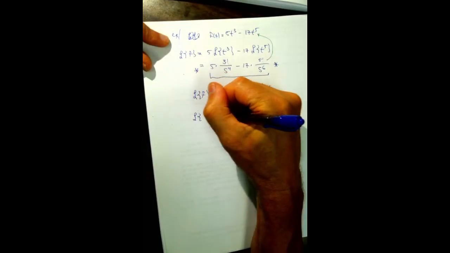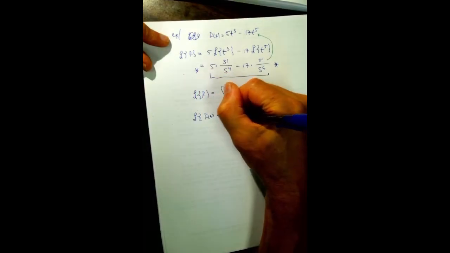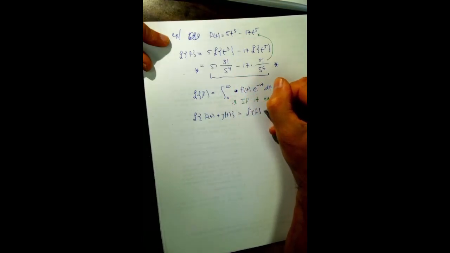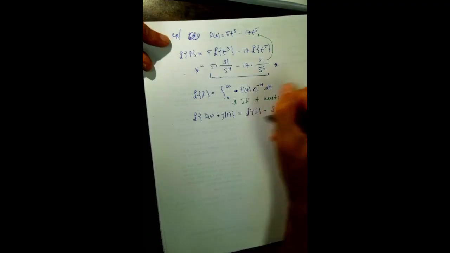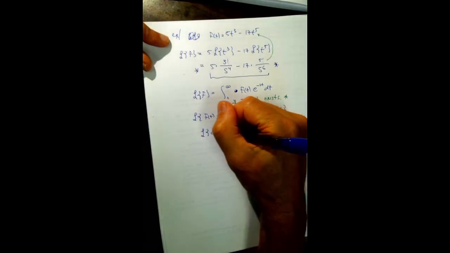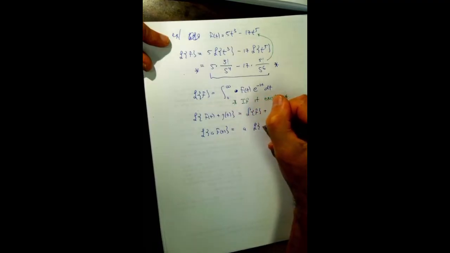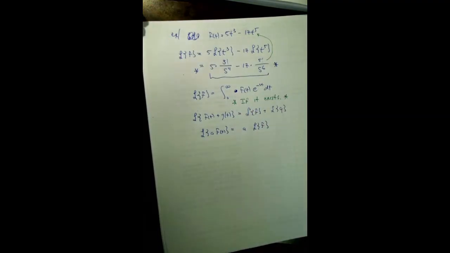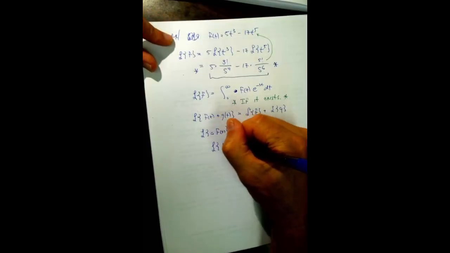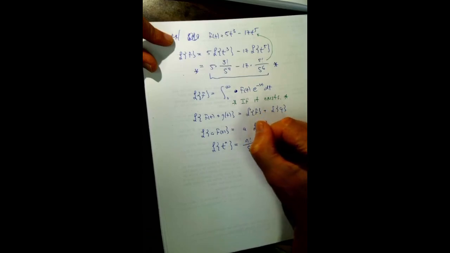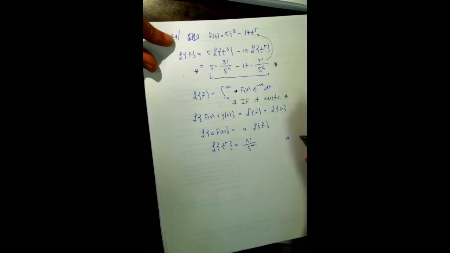And we have the Laplace transform of f plus g is equal to the Laplace transform of f plus the Laplace transform of g. The Laplace transform of a constant times f is equal to a times the Laplace transform of f. And the Laplace transform of t to the n is n factorial over s to the n plus 1, and we're assuming n is an integer.